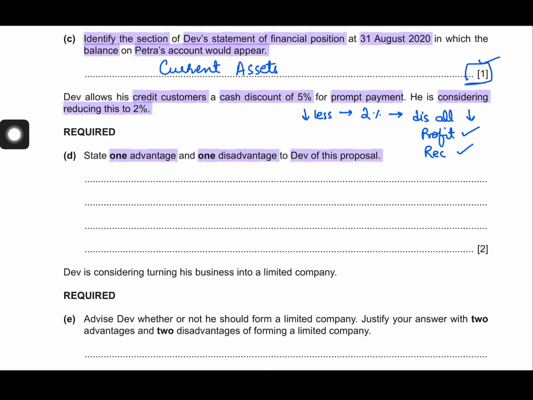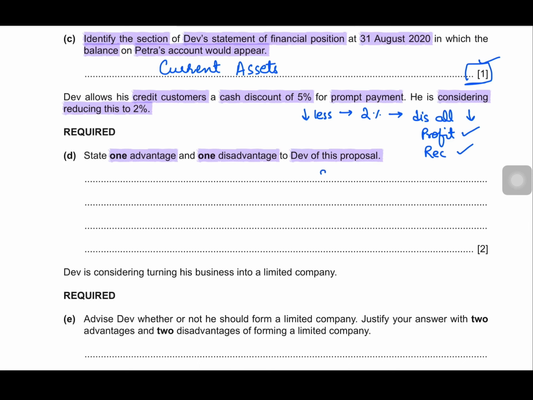However, what would be the disadvantage of this proposal? Suppose that before you were getting 5% discount, but now you'll only be getting 2%. So wouldn't that put you off? Won't you mind that you are now getting less discount? You have to pay more now. So therefore, some customers might not like this idea.